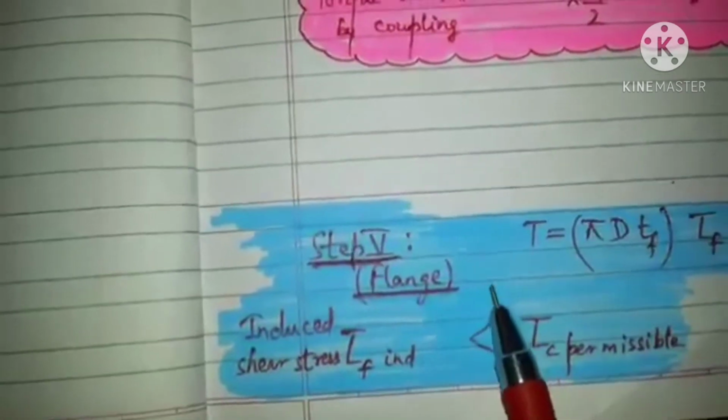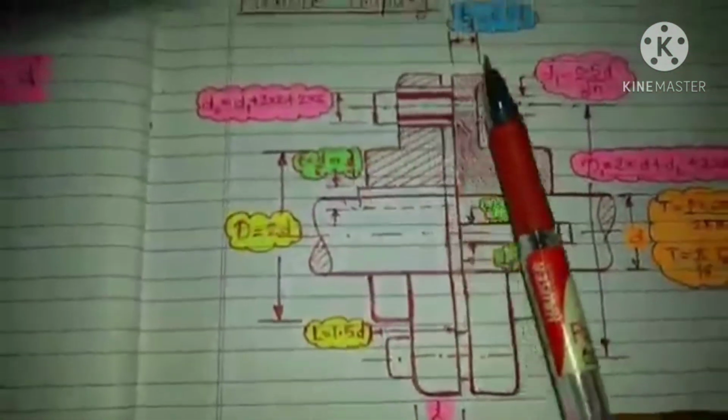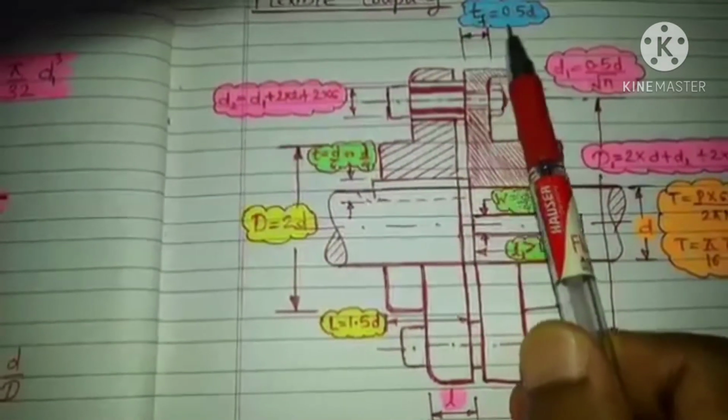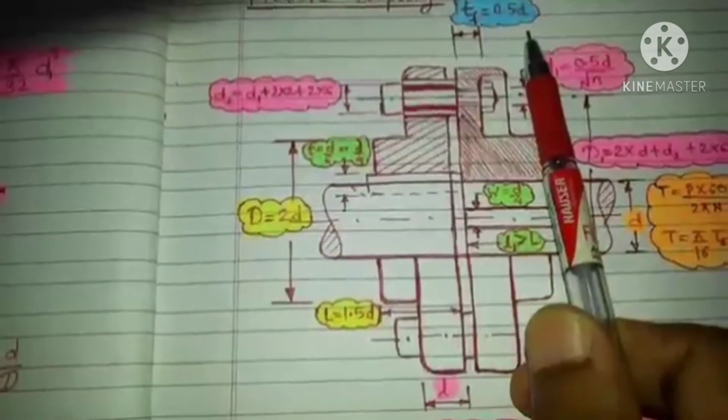Now we will go for the design of the flange. First we will find the dimensions. For the flange we need to find the thickness, and the thickness of the flange will be equal to 0.5 D, where D is the diameter of the shaft.